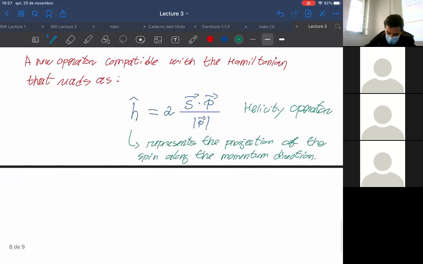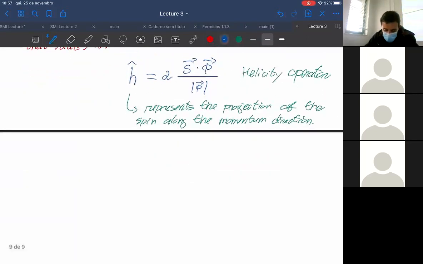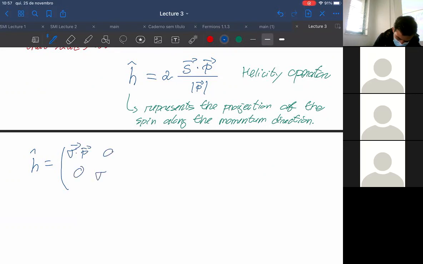And with this definition you can immediately write the helicity operator in matrix form. It's diagonal, because you can just expand. You can convince yourself that this is right: sigma dot P, 0, 0, sigma dot P.